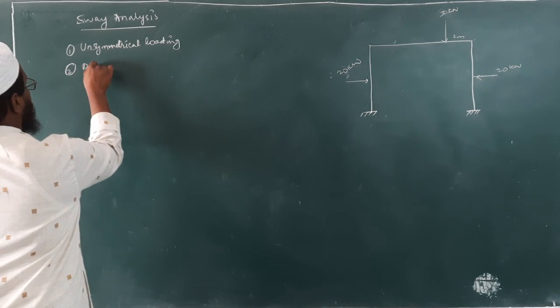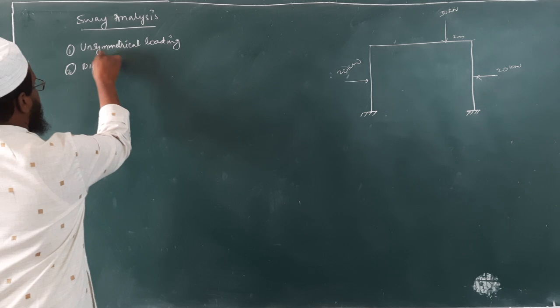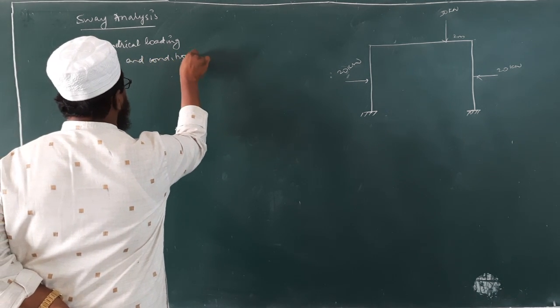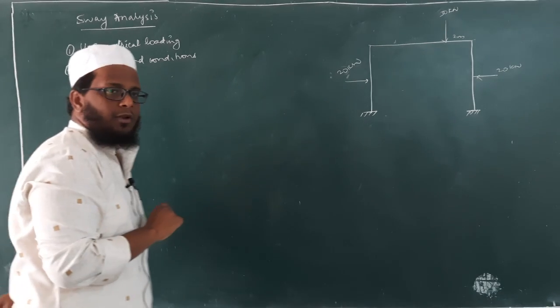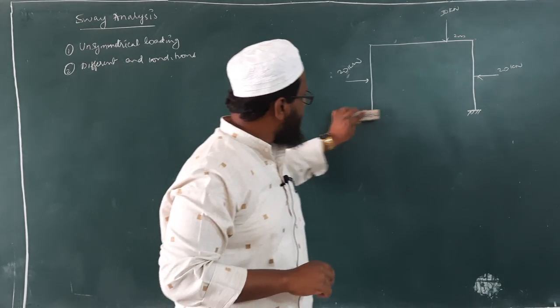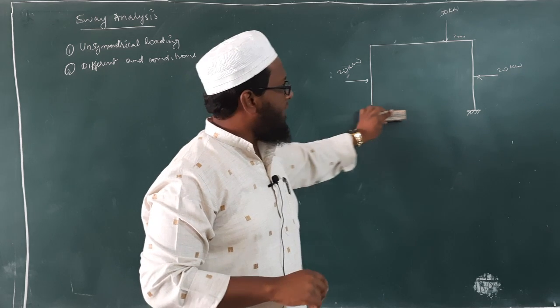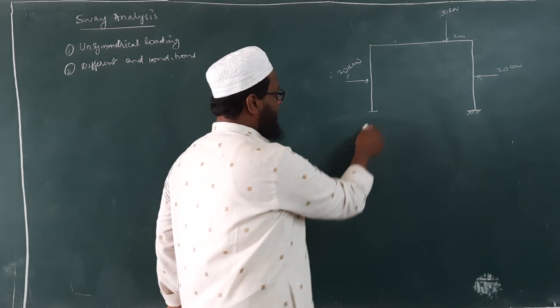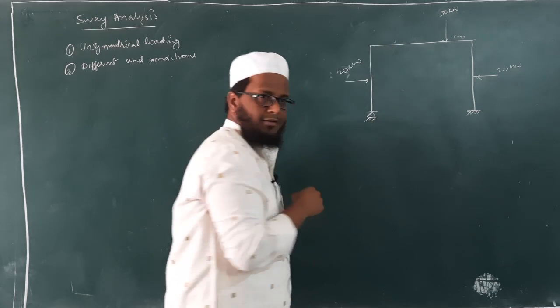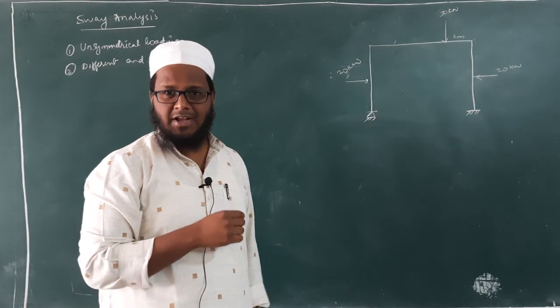Another condition is different end conditions. Now what do you mean by different end conditions? See here I have a fixed support here, and at this point if I have a hinge support, then unsymmetric.